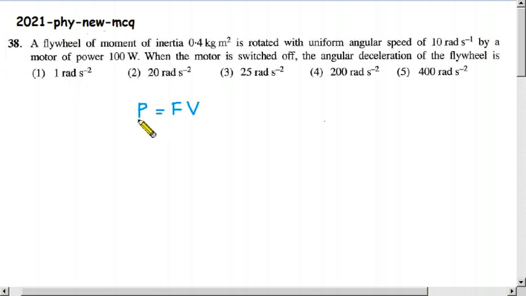Here P is power, F is the force, especially it is the friction, and v is the velocity.